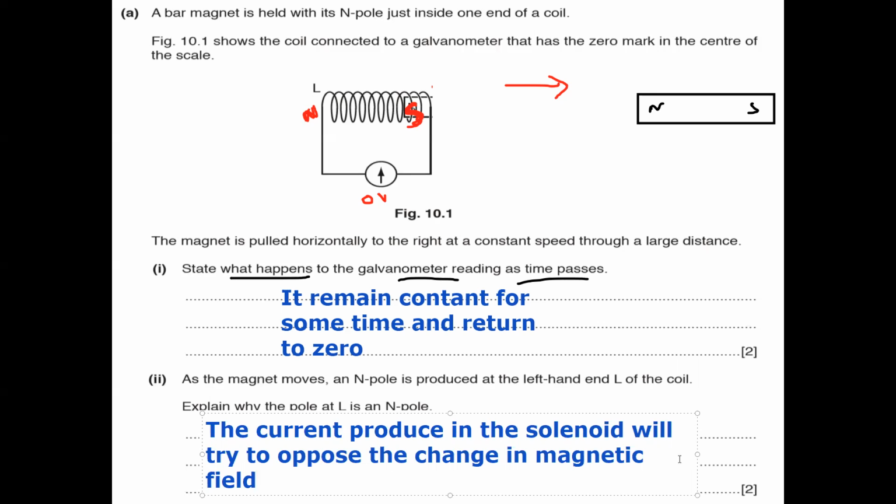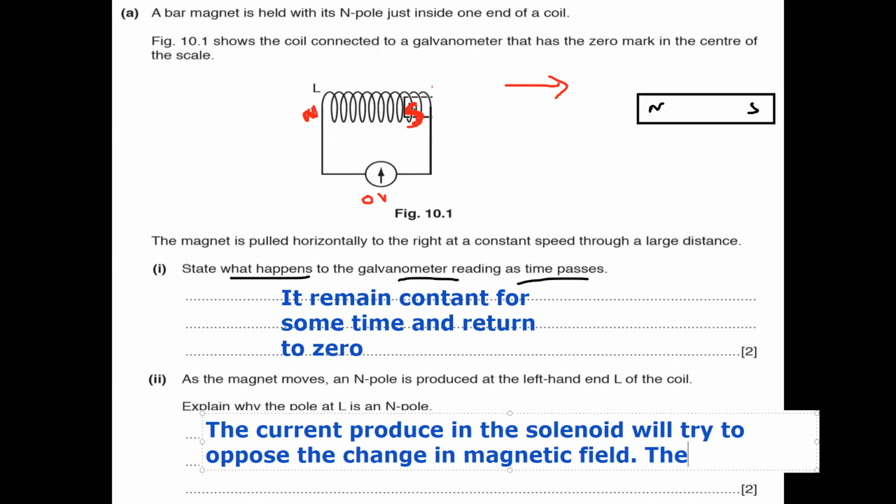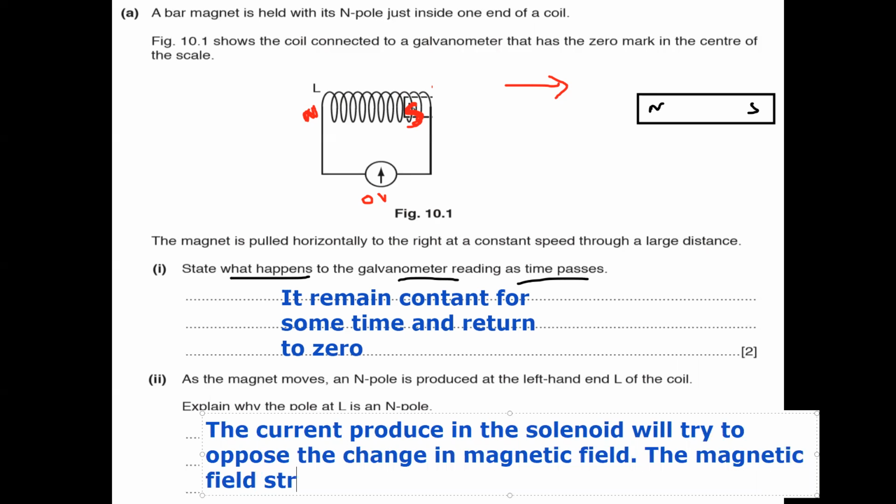So the strength of a magnetic field is decreasing. Solenoid produce opposite poles to attract.